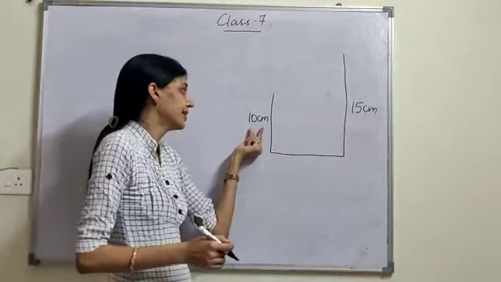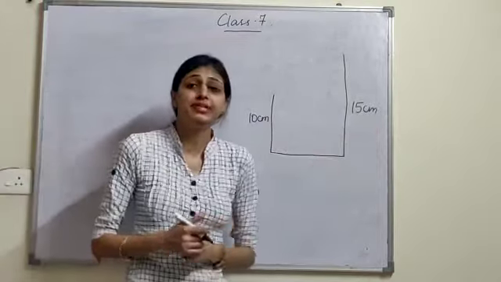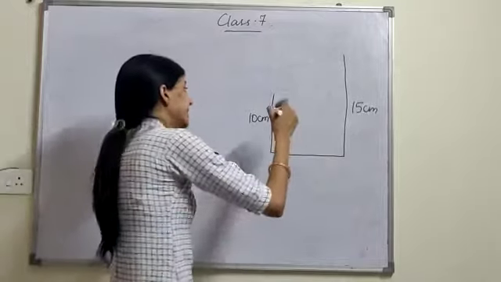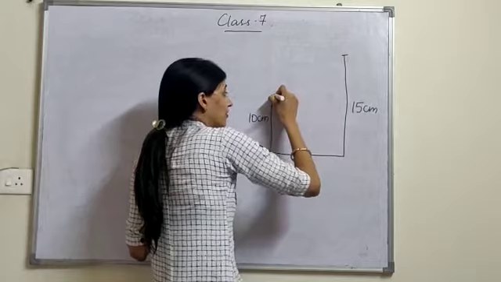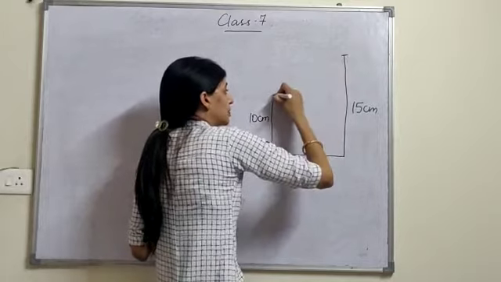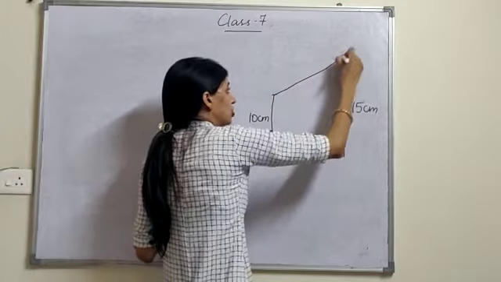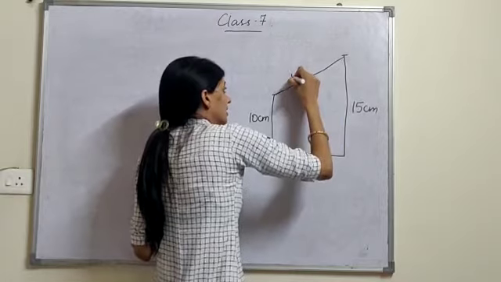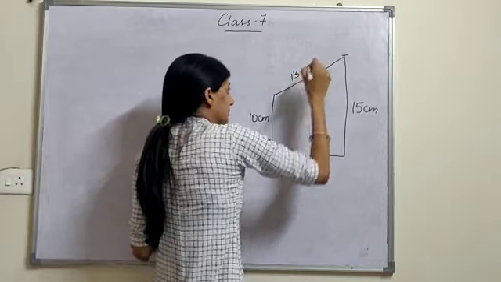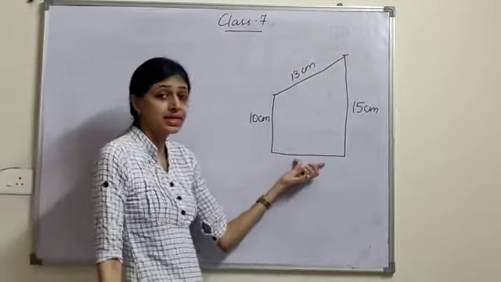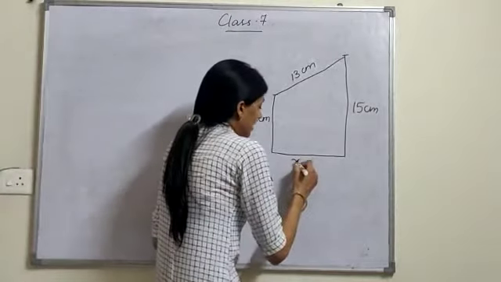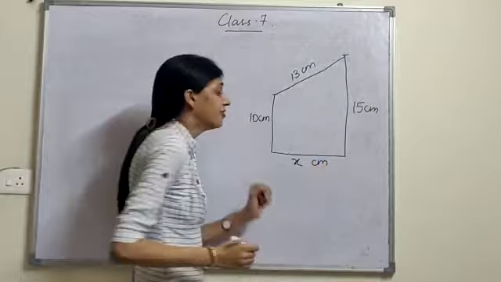One is of 10 centimeter and one is of 15 centimeter. The distance between their tops, this is the top of this pole, this is the top of this pole, is 13 centimeter, and you have to find out the distance between their bases. That means this you have to find out.